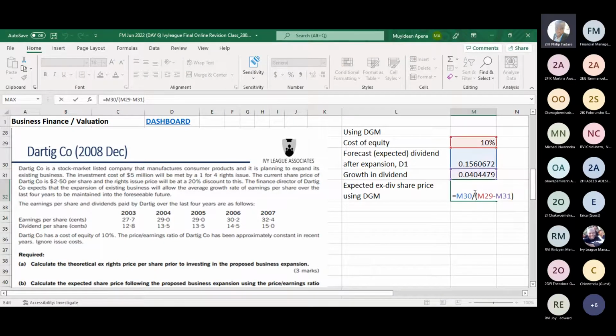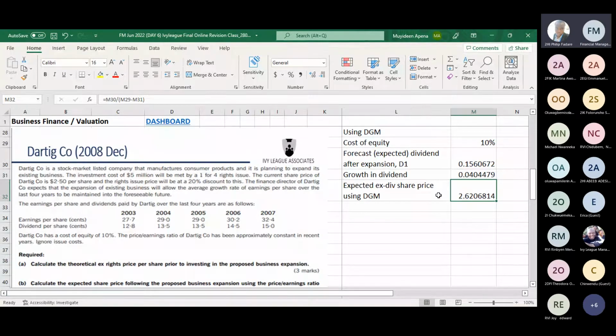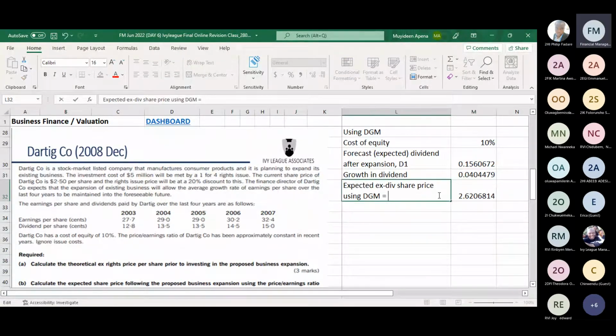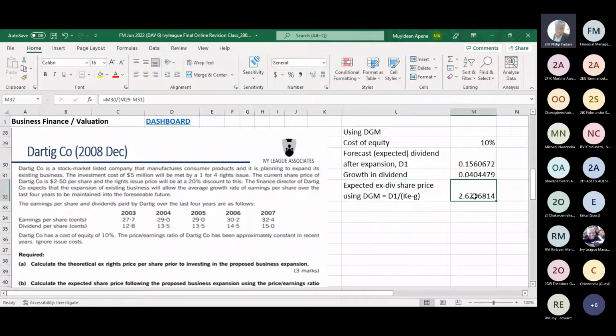Yes. Okay. What I've done here is equal to D1 divided by KE minus G. That's what I've done. Okay. So why are you saying cost minus growth?